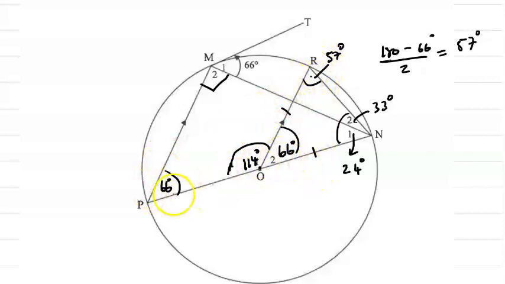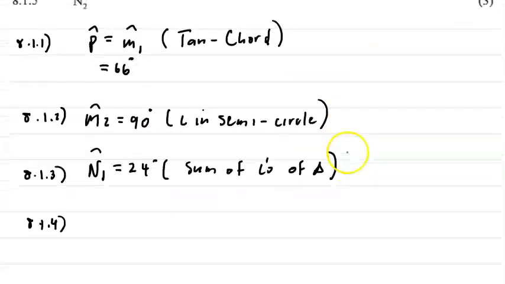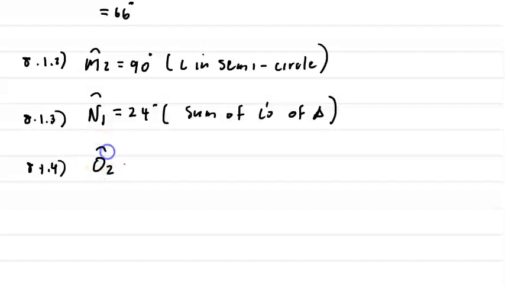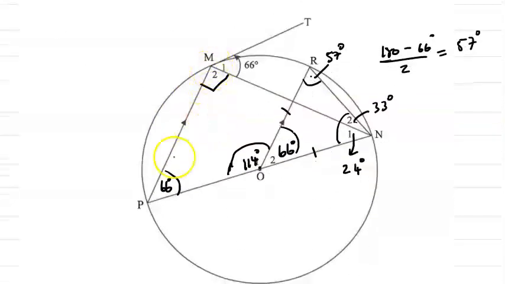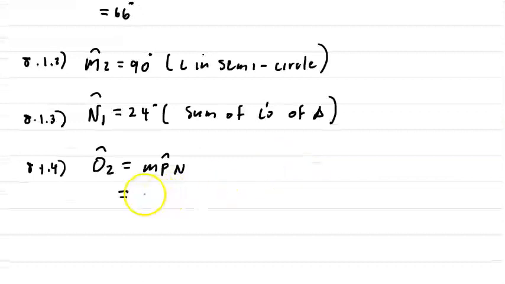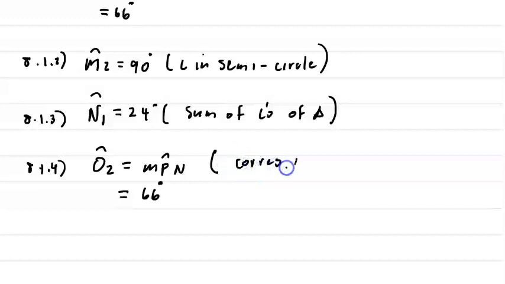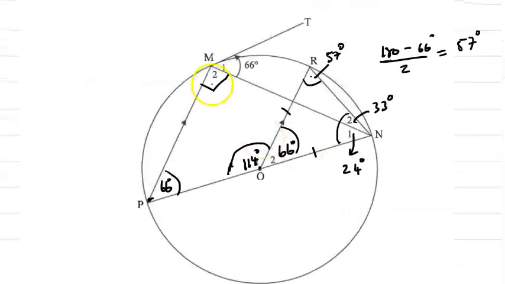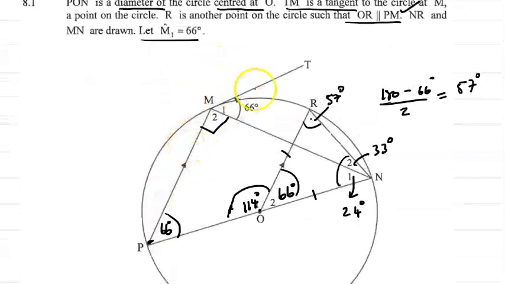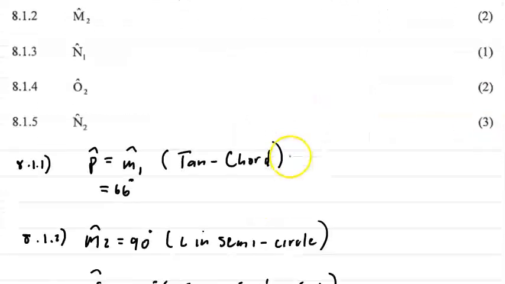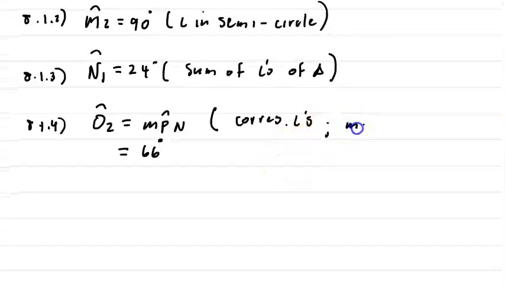So once again, we say O2 is equal to MPN, which is equal to 66 degrees, and our reason there will be corresponding angles, and that is because we are given these parallel lines here. MP is parallel to OR.